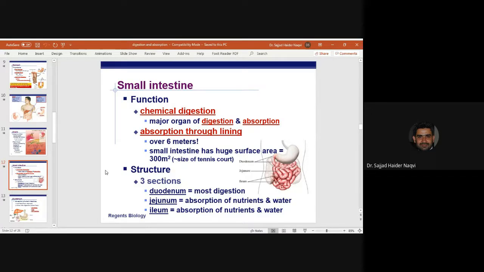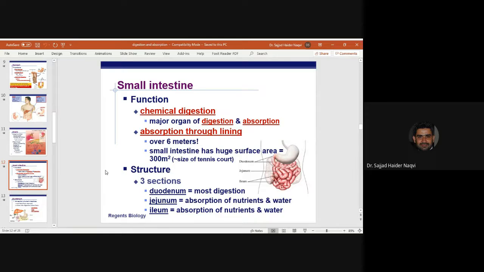The small intestine has a huge surface area because it's so long, 6 meters. On average, the surface area is about 300 square meters, which is approximately the size of a tennis court. So you can think about how big the surface area of the intestine is and how sophisticatedly it is adjusted within our bellies.